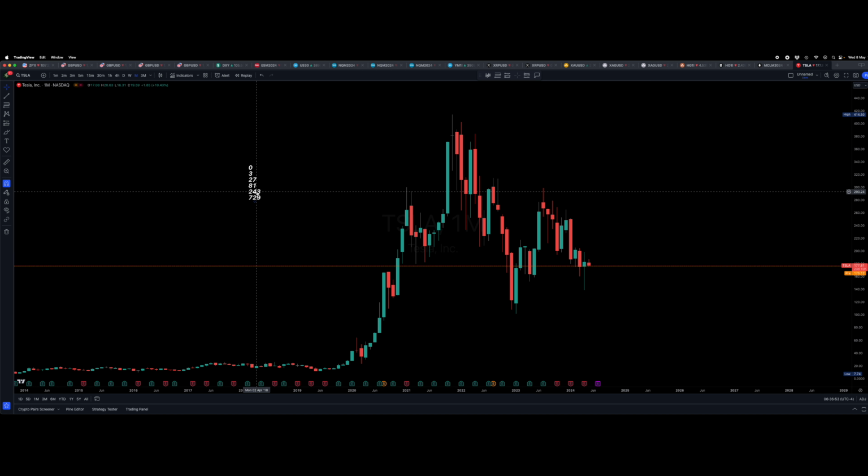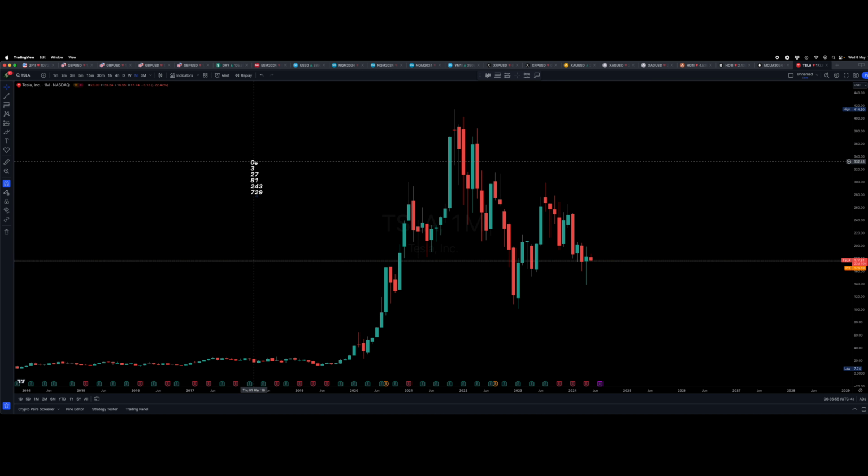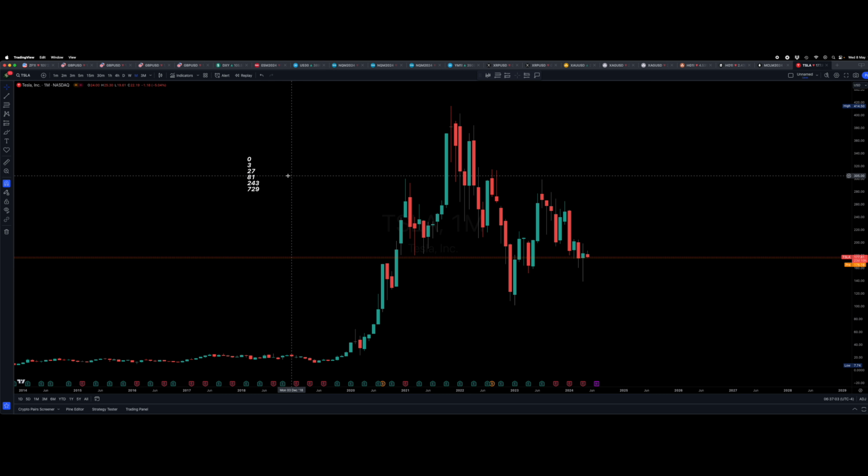Once price broke $243, the dealing range became between 0, the low, and the high being $729. That is your Goldbach dealing range. Now, the way Goldbach works is, within the dealing range, we have predefined levels of where ICT's premium discount arrays fall.